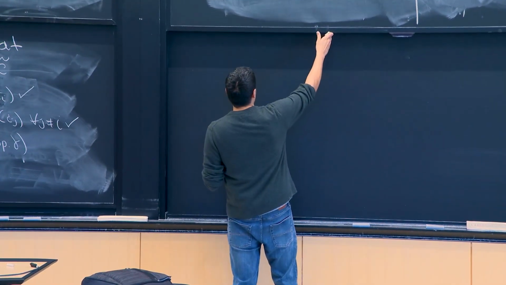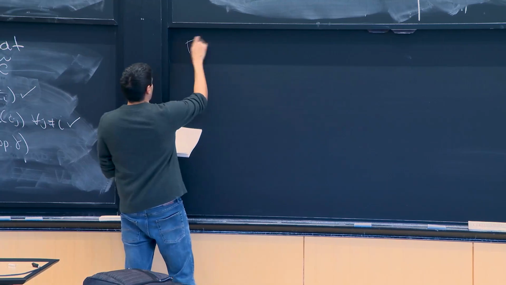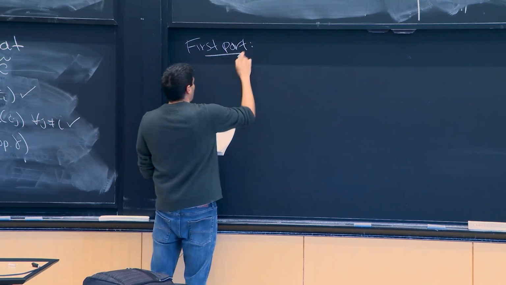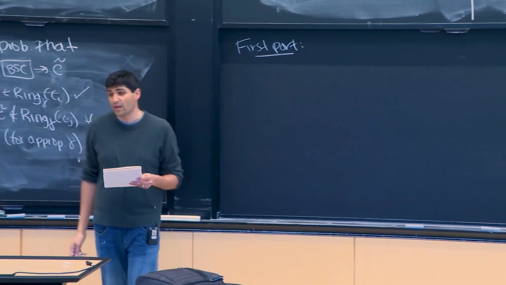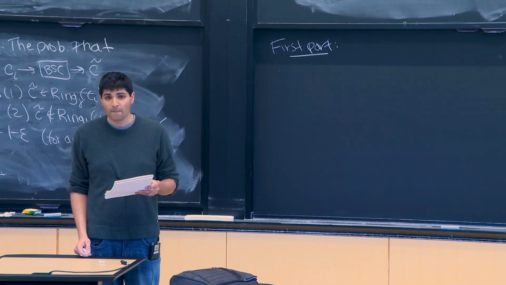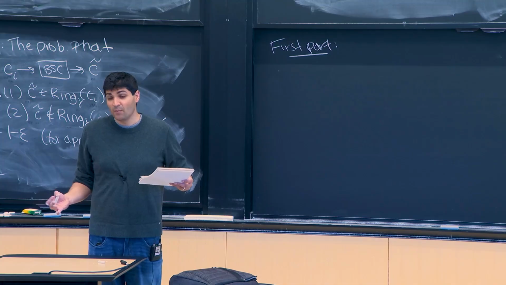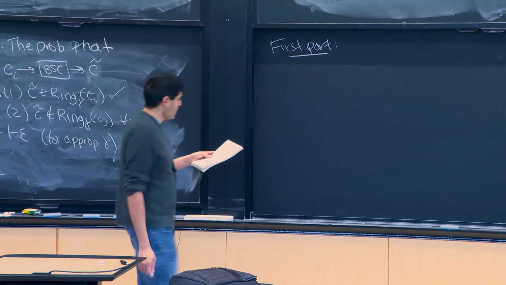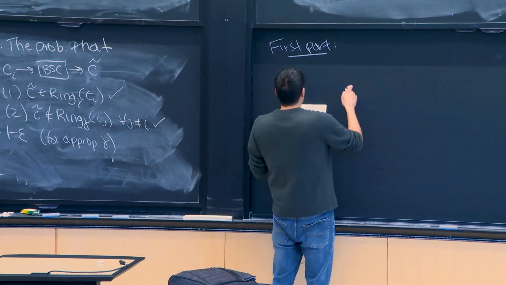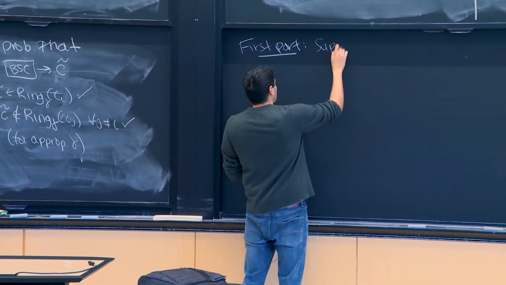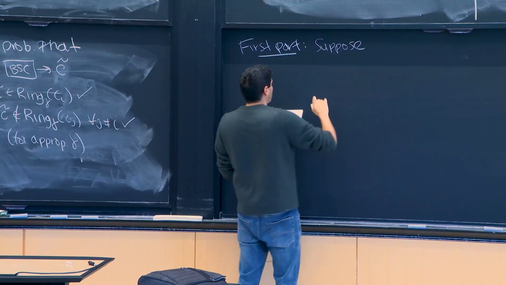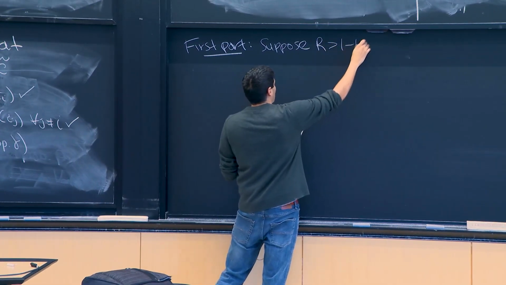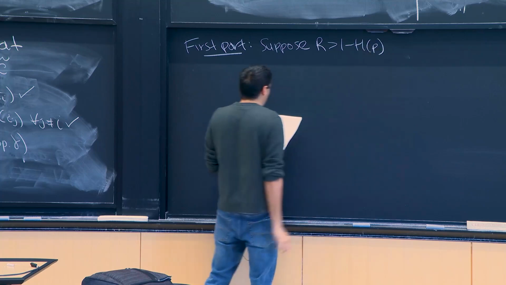So remember that the first part of Shannon's theorem was that you can't communicate at a rate larger than the capacity, 1 minus entropy of p. If you do, the probability of getting the correct message is going to go to 0. Let me give you very briefly the intuition. Suppose we had a coding scheme where the rate was larger than the capacity, 1 minus entropy of p.